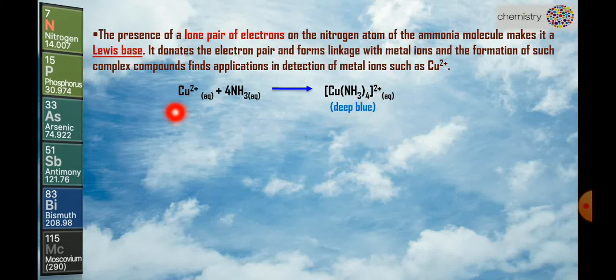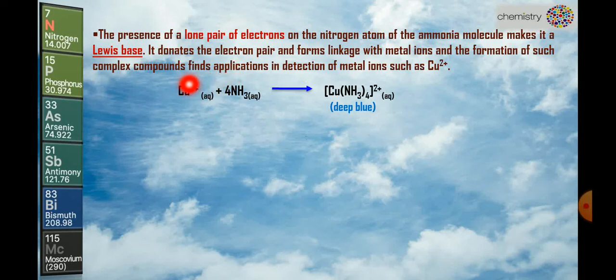For example, when ammonia reacts with any copper compound, we get a complex compound. This complex compound has a deep blue color. So deep blue color complex compound formation indicates the presence of copper 2+ ion.